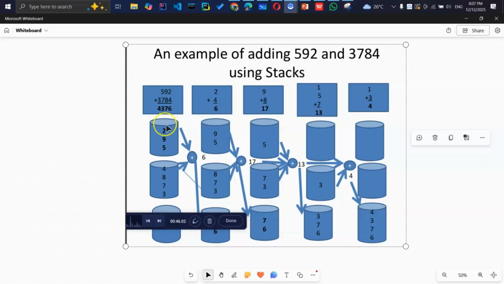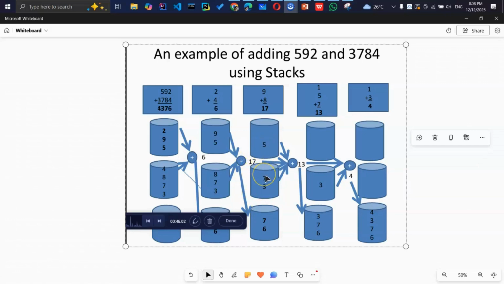Copy it. 2 and 4, 6. Push into the stack. Next, 9 and 8 gives 17. Therefore, 1 and 7, we get 7 and push it into this stack and the remaining 1.